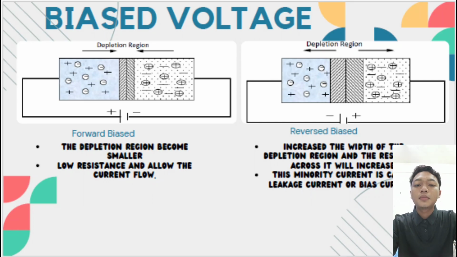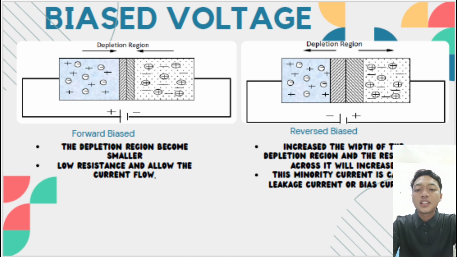Now I will present about bias voltage in semiconductor, and we are focusing on forward bias and reverse bias in a PN junction. First of all, let's start with the forward bias condition. In this state, the positive terminal of the battery is connected to the P-type side and the negative terminal is connected to the N-type side.